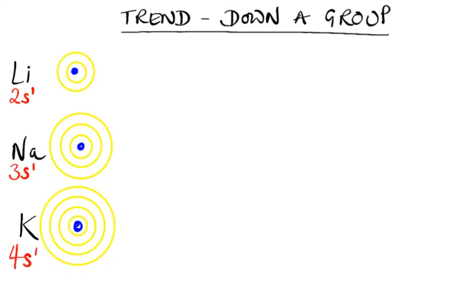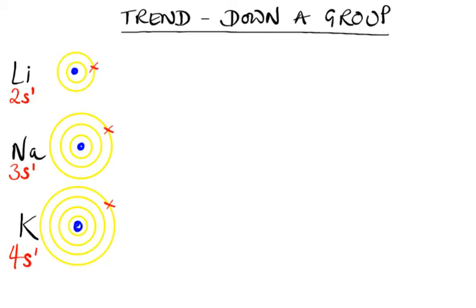I've drawn 3 crude atoms there with the correct number of shells, and then we'll just pop an electron in the outside shell, and this is the electron that we'd be removing in the first ionisation energy.